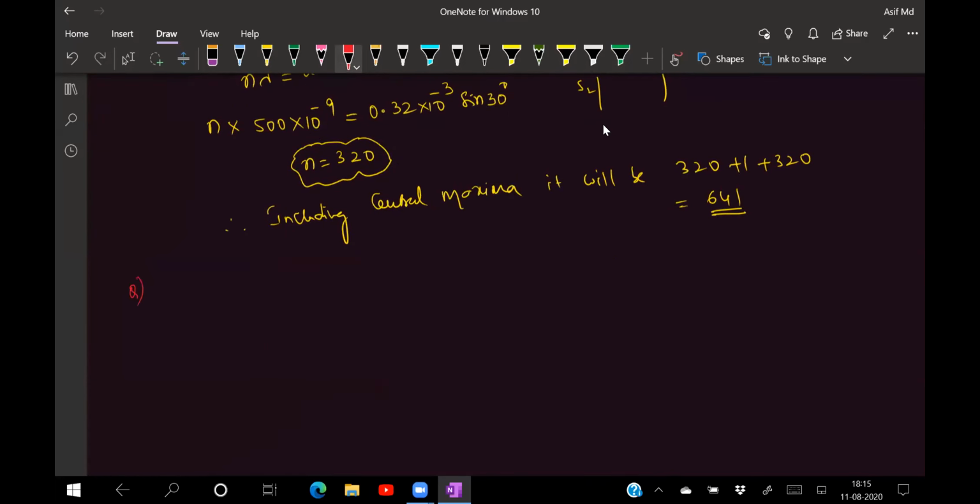See this question. The figure shows a YDSE setup.